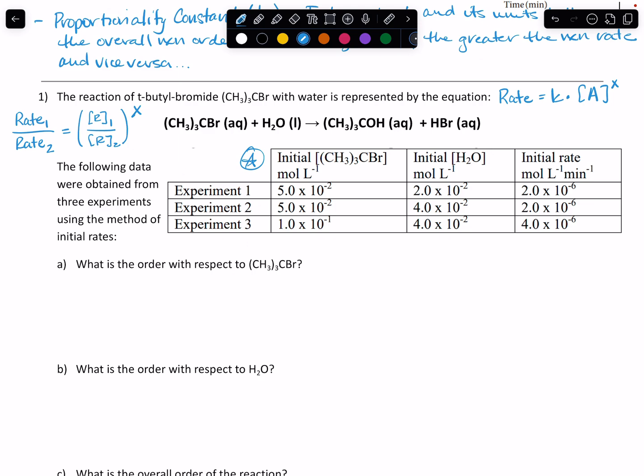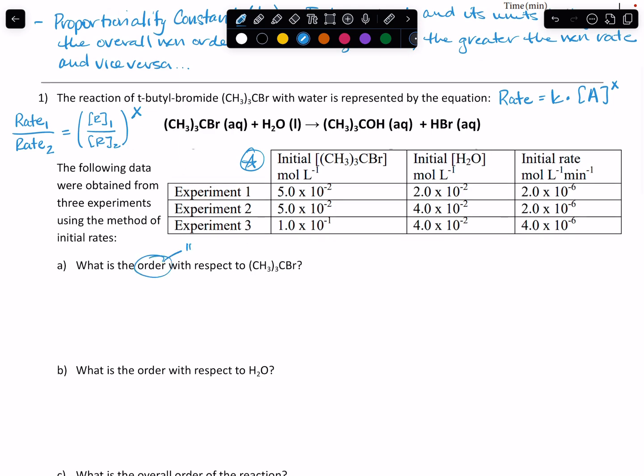So that means that when I want to look for the order, which is our power, with respect to a specific reactant, I need to choose experiments where the other reactant's concentration is constant.